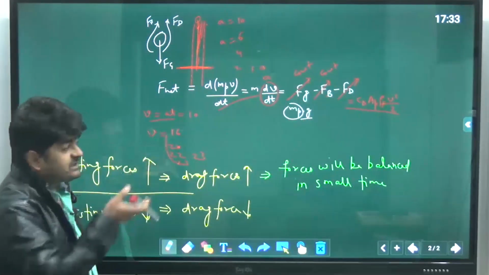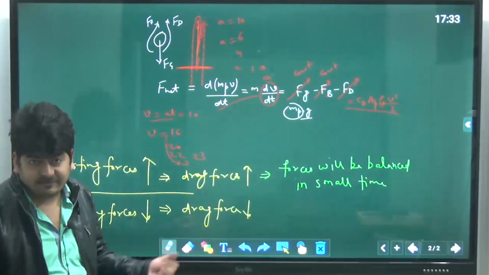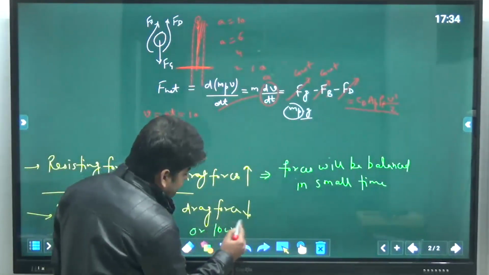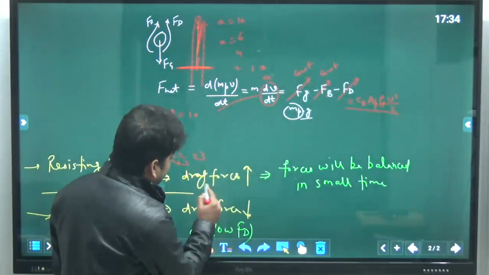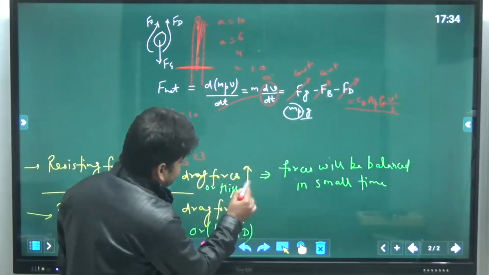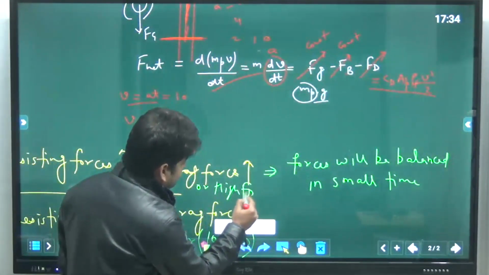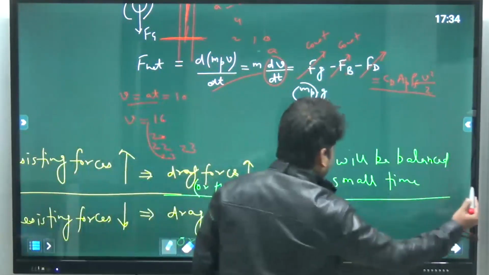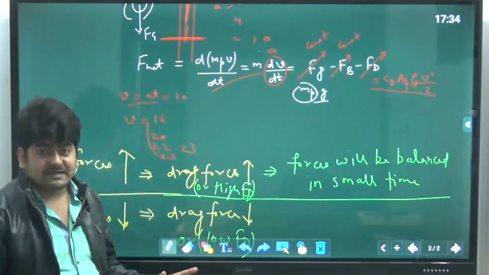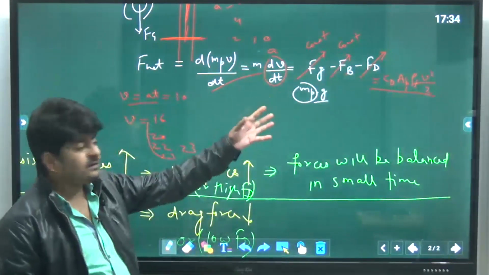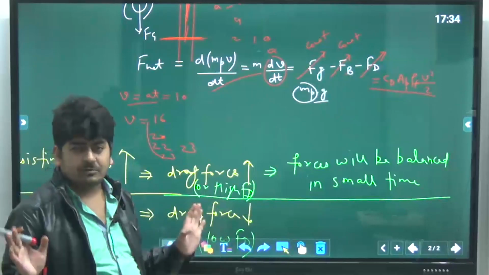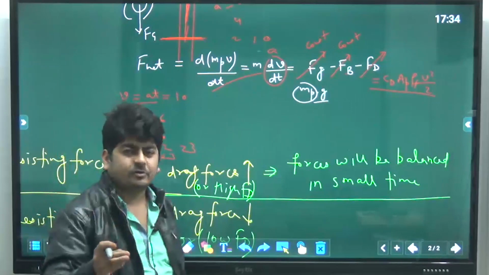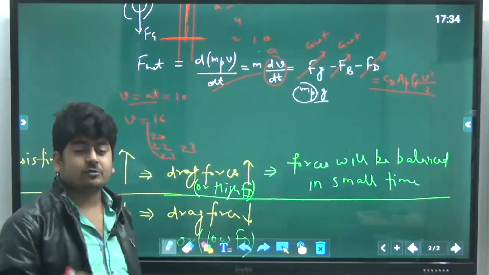And here, if drag force is decreasing, or we have a low drag force basically, then forces will be balanced, no problem. Forces will be balanced always, because in this universe everyone is trying to be stable. You guys also want to be stable.